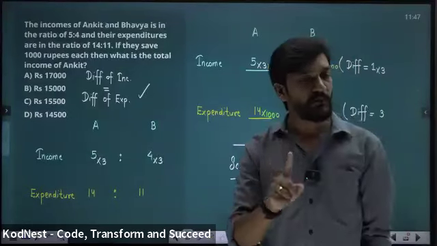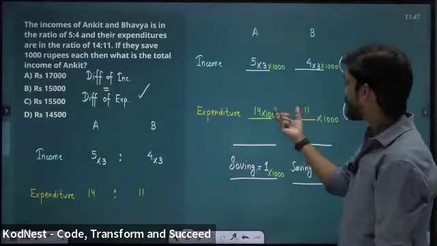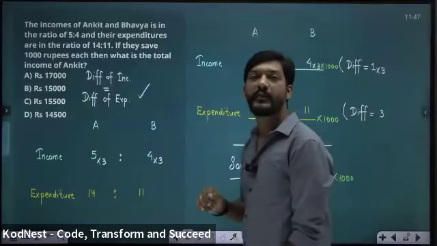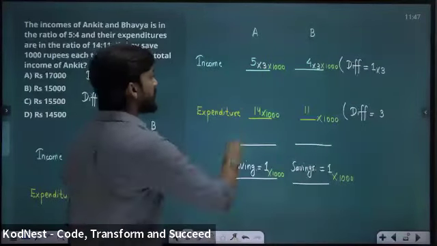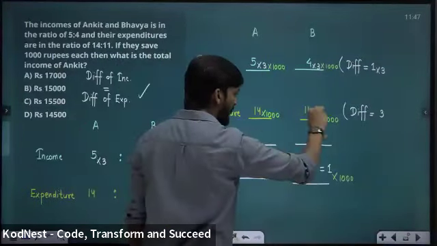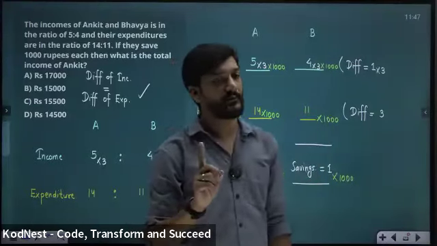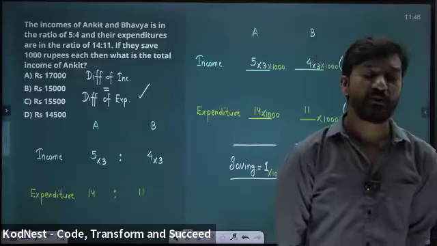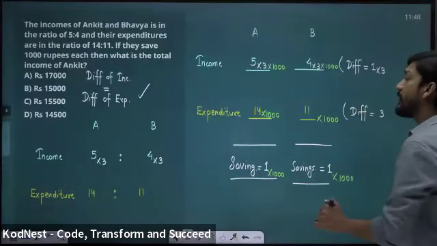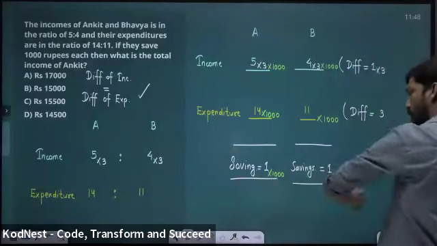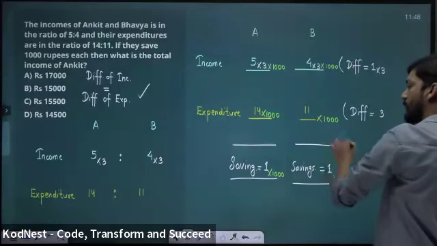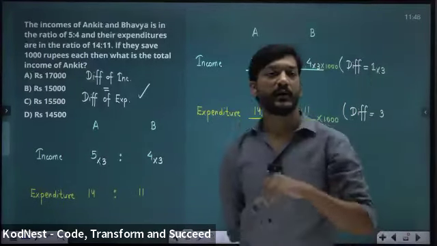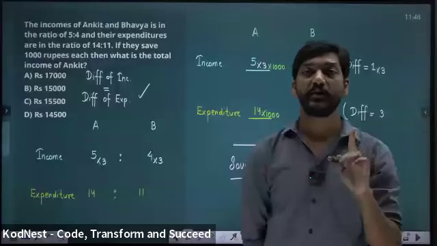Then I multiplied with one single number, that was 1000, and I got my answer. This is one separate ratio, and this is another separate ratio. But even then, I multiplied both the ratios with the same number.